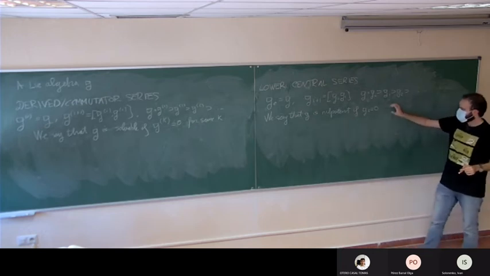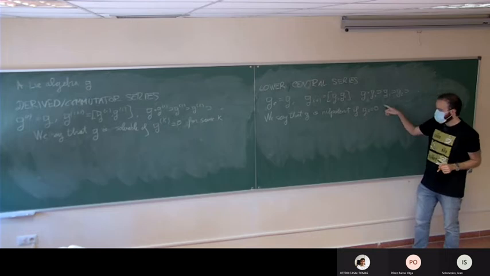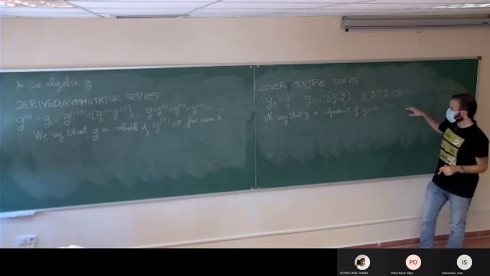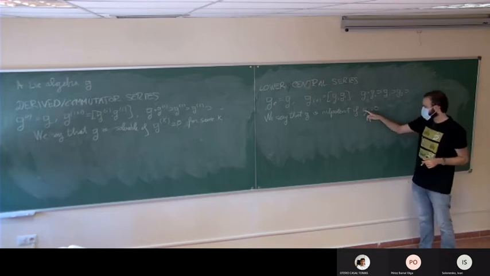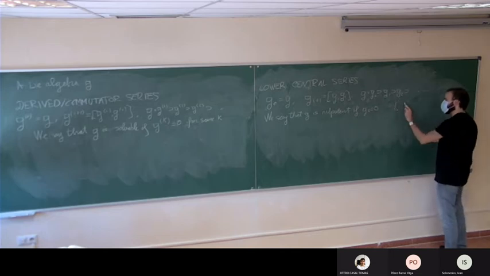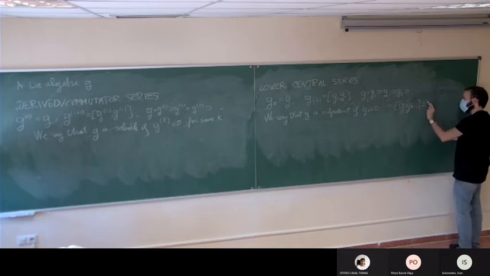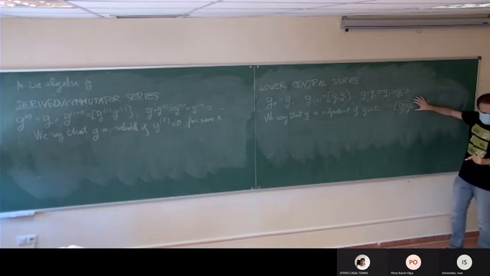If we have a non-zero nilpotent Lie algebra, and k is the least for which G_k is 0, then the bracket of G with G_{k-1} must be 0. But G_{k-1} is non-zero.